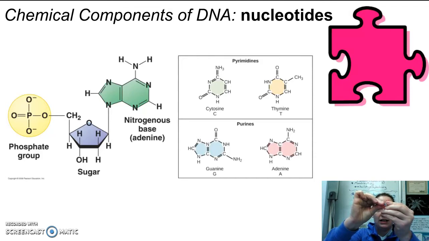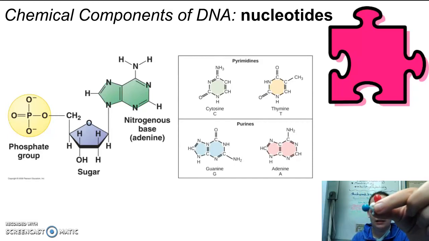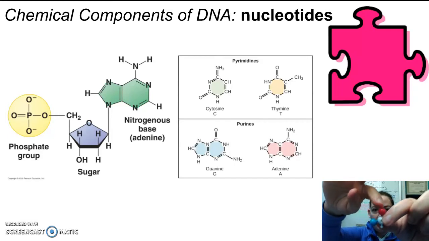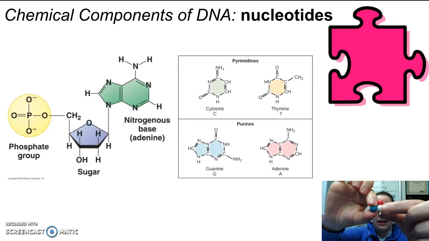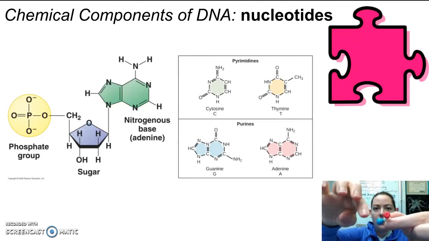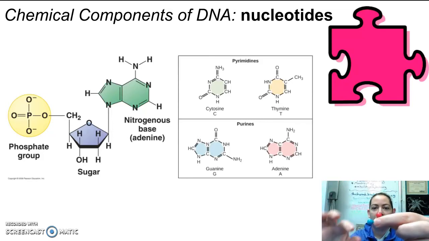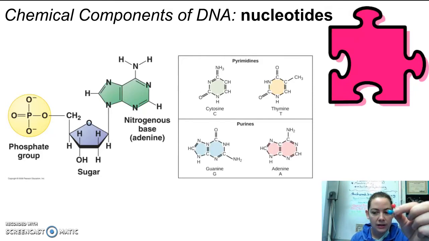So you're going to plug that into the sugar molecule on the side. So it's going to look just like this, with phosphate on top, sugar in the middle, and the base on the outside. And you'll want the holes available on the outside of these guys. So they're going to plug into the white in the middle. So go ahead and pause and make 4 of those, one for each of the bases.